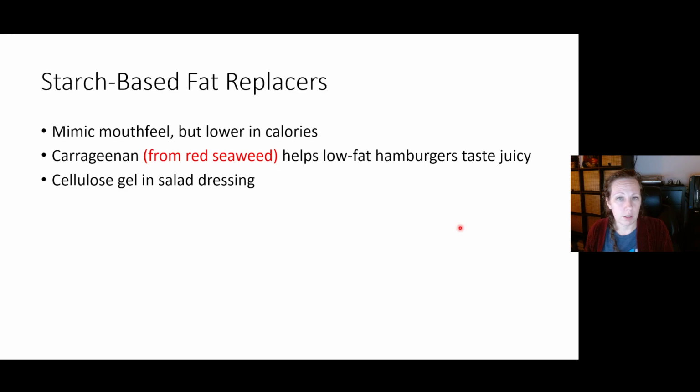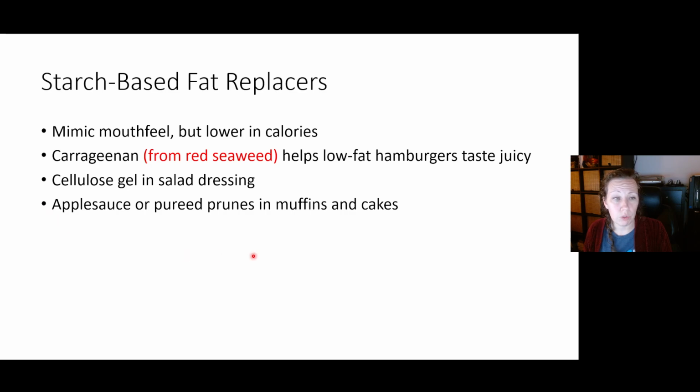Cellulose gel is often used in salad dressing. In muffins and cakes, you'll often see applesauce or pureed prunes used as a substitute for fat. And how that works is that the pectin in those, because applesauce and prunes are both high in pectin, holds in the moisture and acts like a fat from a texture standpoint.